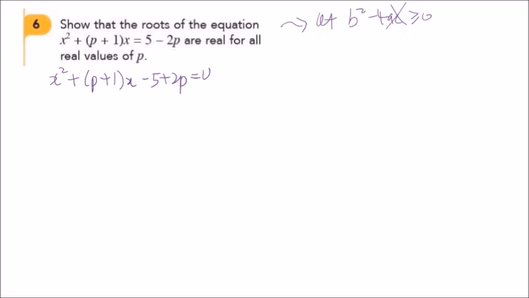Alright, then I write down the value of a, the coefficient of x squared, that's 1. B, that's the coefficient of x, which is p plus 1. Okay, and then of course your constant c. Whatever remaining will be the constant c. I'm going to write it as 2p minus 5. Alright, so as we mentioned earlier, we need to find the value of b squared minus 4ac.